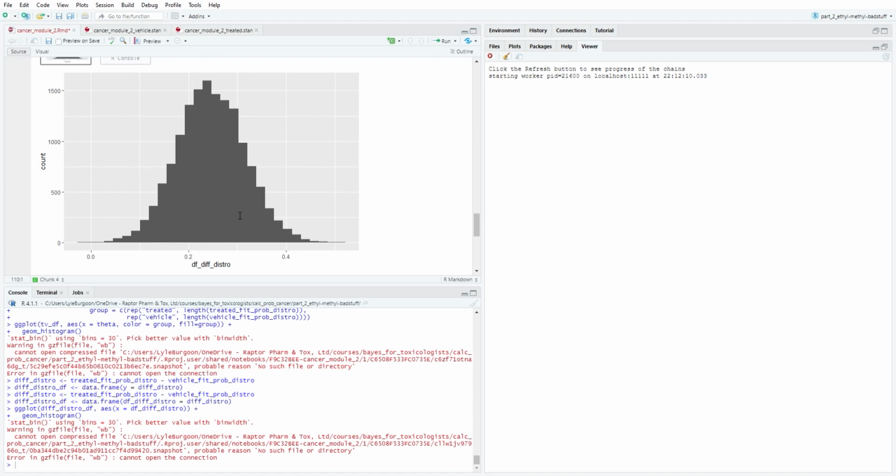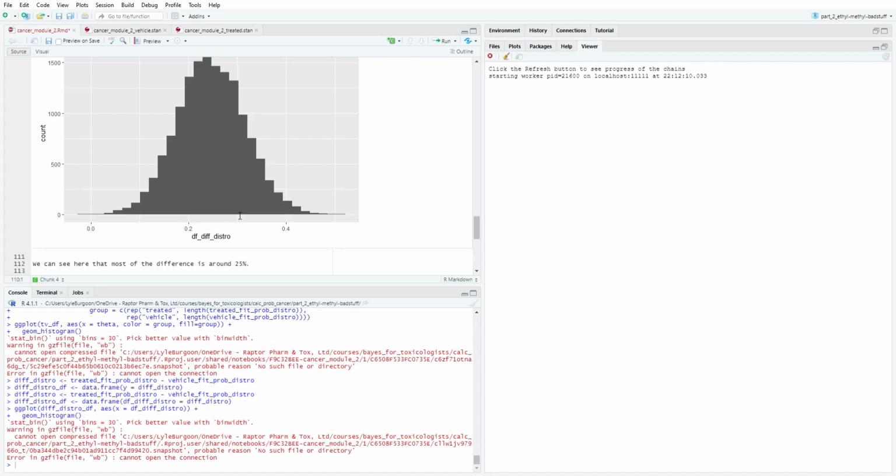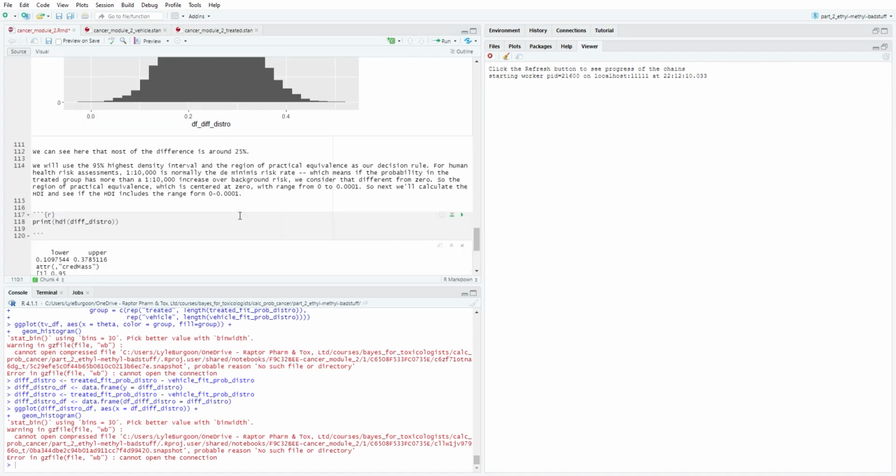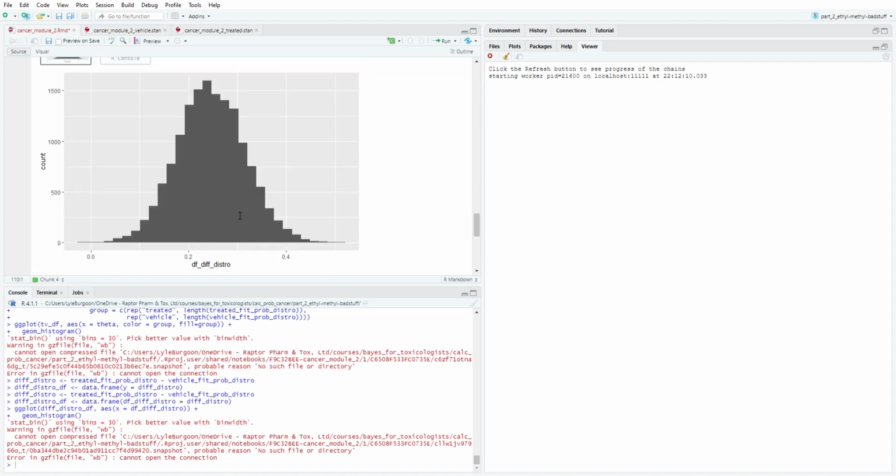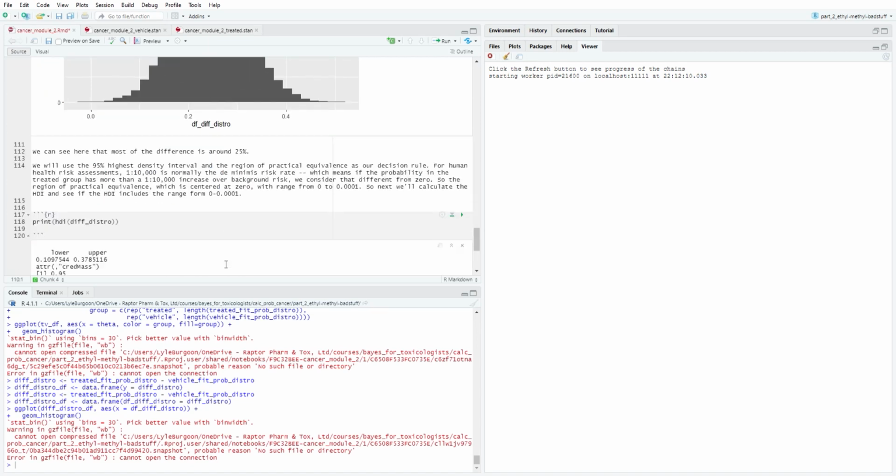But it's not, they are not identical, right? We know that. We saw that. They are not identical. So we see that most of the difference here is really around 25% or so if I had to eyeball this, right? Because this is 30%, this is 20%. So I'm just going to call this around 25%.